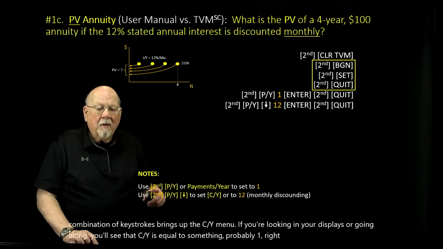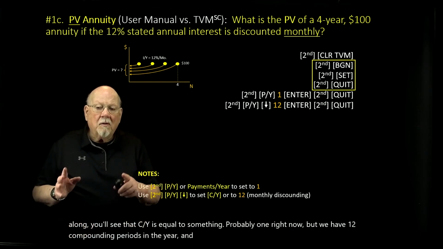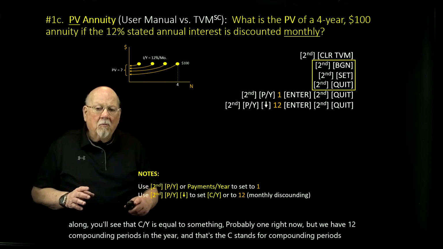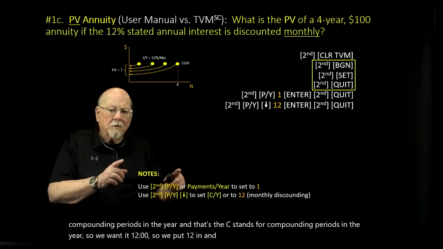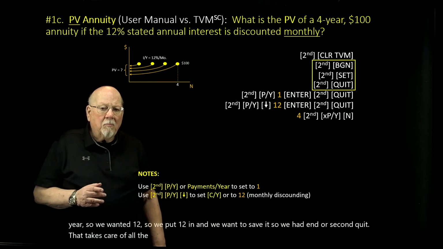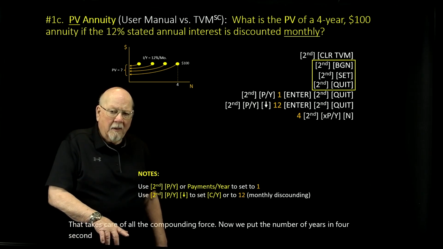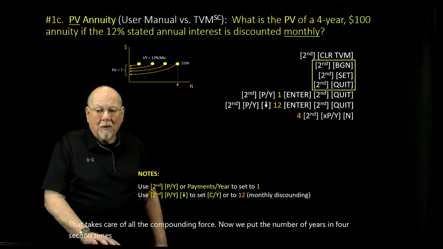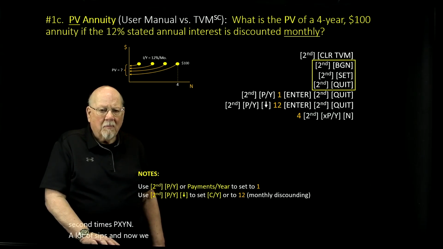But we have 12 compounding periods in the year, and the C/Y stands for compounding periods in the year. So we want it 12, so we put 12 in, and we want to save it, so we hit enter, second quit. That takes care of all the compounding for us. Now we can put the number of years in, 4, second, times P/Y, N, a lot of steps. And now we can put in the rest of the numbers.